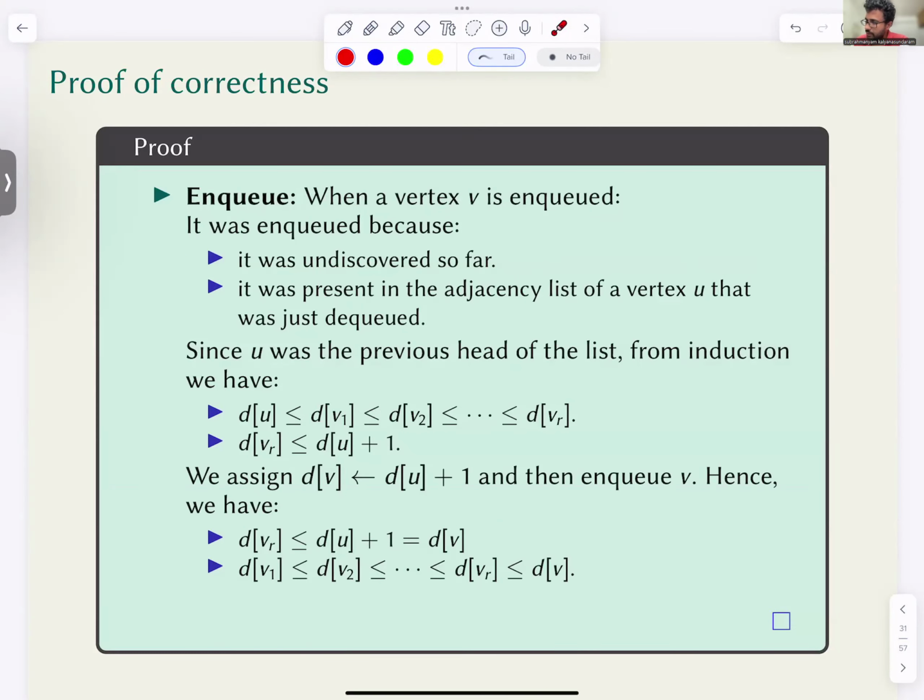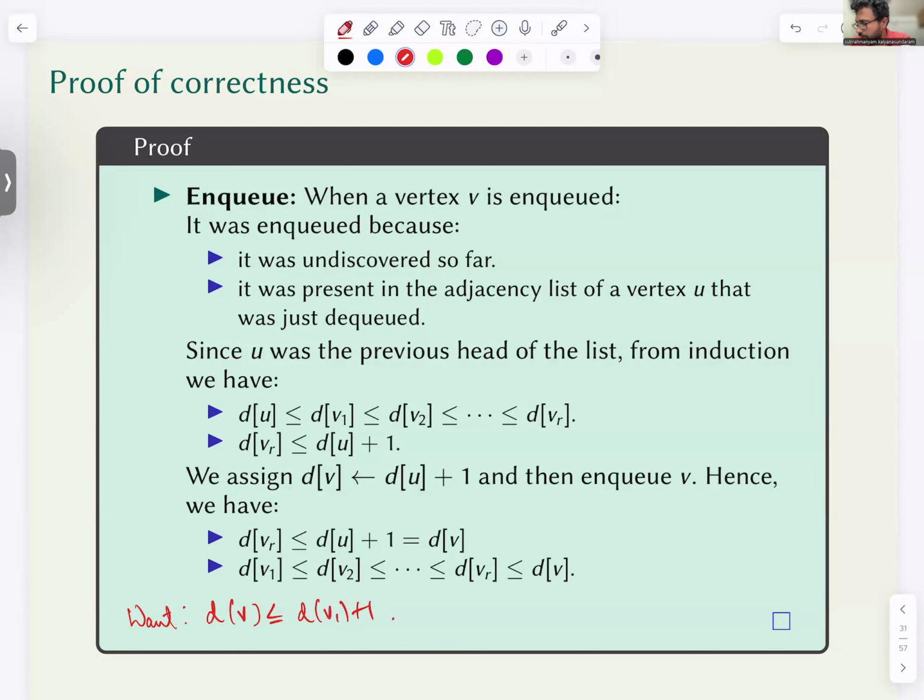The other thing is, I think, not that difficult to see. We want dv to be at most dv1 plus 1.